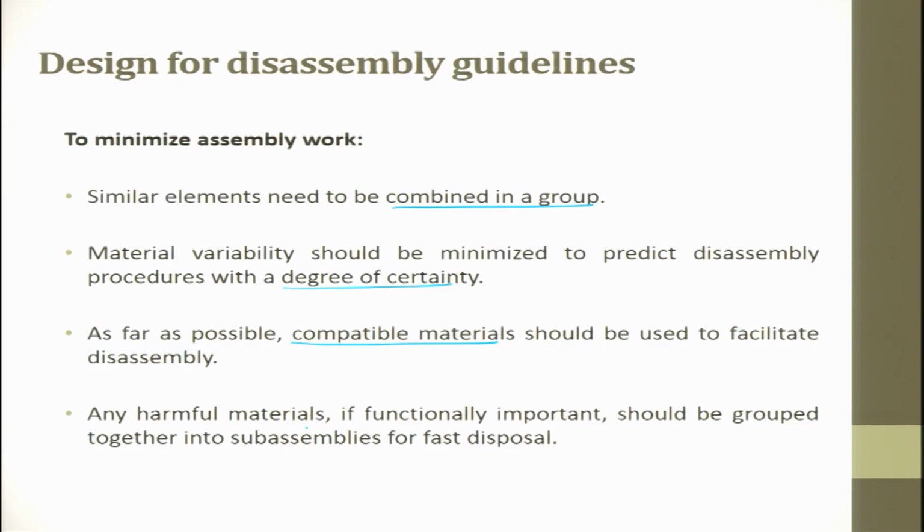Any harmful material, if functionally important, should be grouped together into sub-assemblies for fast disposal. Any harmful material, it can be polymer, it can be radioactive material, if functionally important, should be grouped together into sub-assemblies for fast disposal.